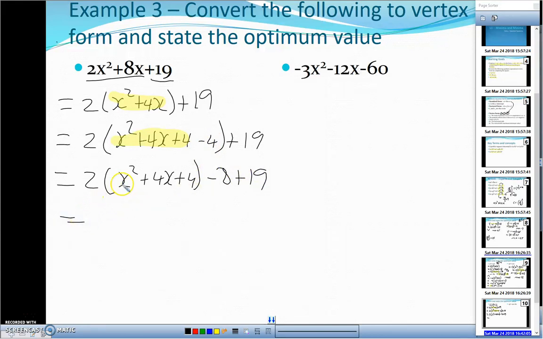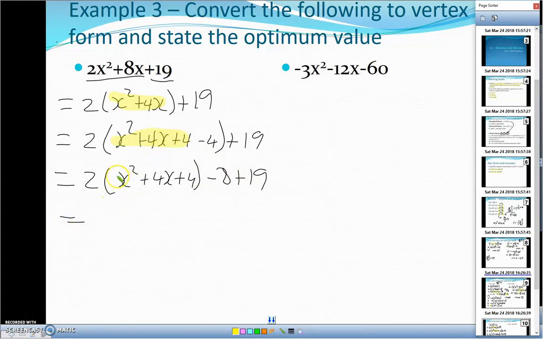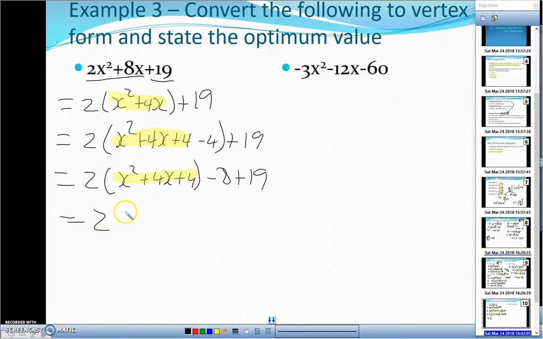This thing here is a perfect square. So this is 2 bracket, that becomes x plus 2 squared, half of 4 is 2. 19 minus 8 is going to be plus 11. This is a positive, so this is a minimum of 11.